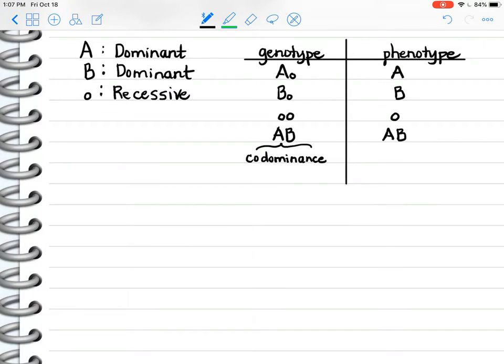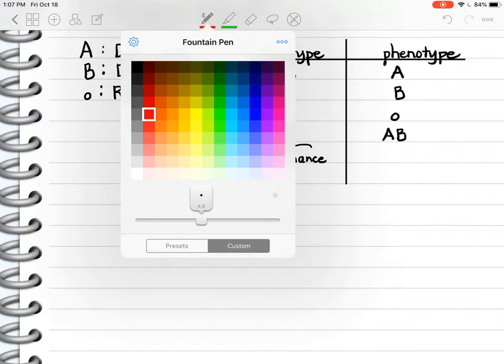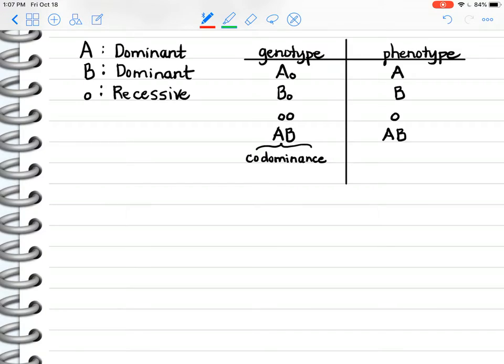Okay, another thing that's important to understanding this question is the difference between homozygous and heterozygous. So let's just look at these genotypes and figure out which is which. Okay, the first person has AO on the alleles. That is hetero because they don't match.